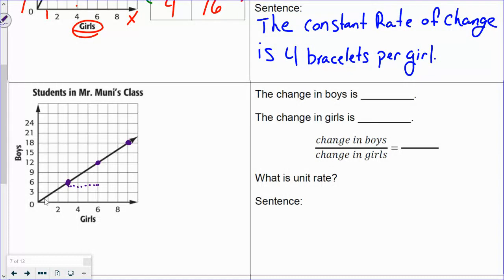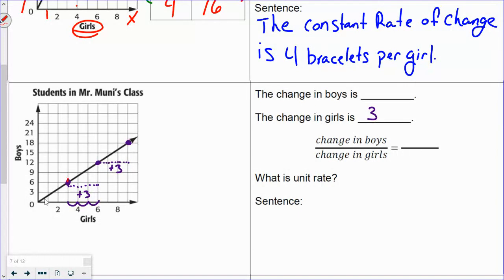So we went from, and each one of these is by 1. So we have 1, 2, 3. So we went up 3 on our X's. You notice it's the same thing. 1, 2, 3, plus 3. So our change in girls is 3. What about for my boys? Using the same ordered pairs.